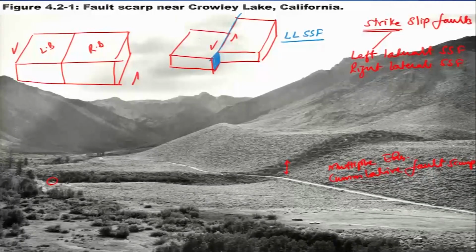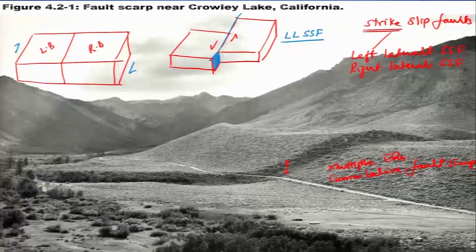Another one, same situation, but the sense of movement changes here. So this block is now moving towards us and this block is moving away from us. So we have another situation here where your right block is moving towards your side.